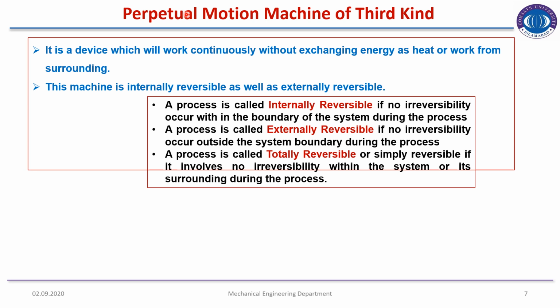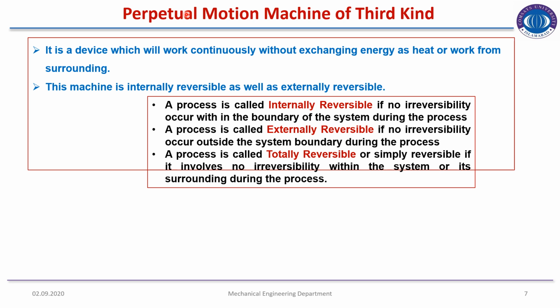A process is called externally reversible if no irreversibility occurs outside the system boundary during the process. As you know, outside the boundary means in the surrounding. So as the process occurs, there is no irreversibility in the surrounding.